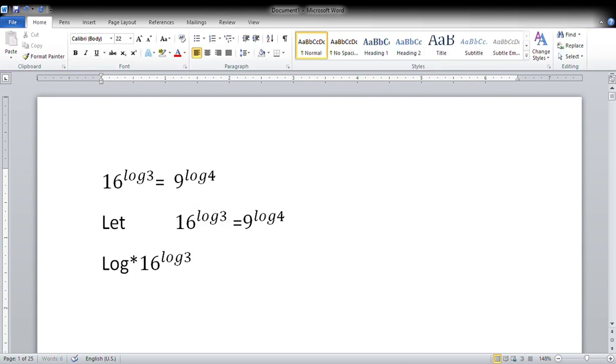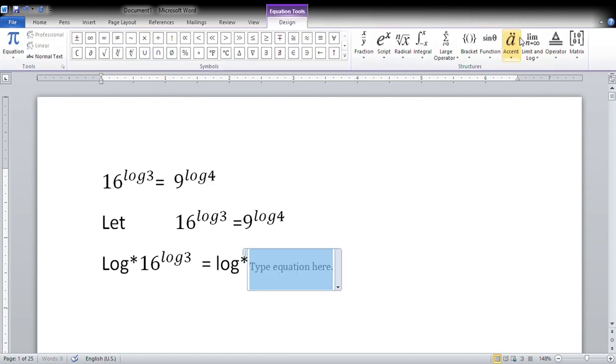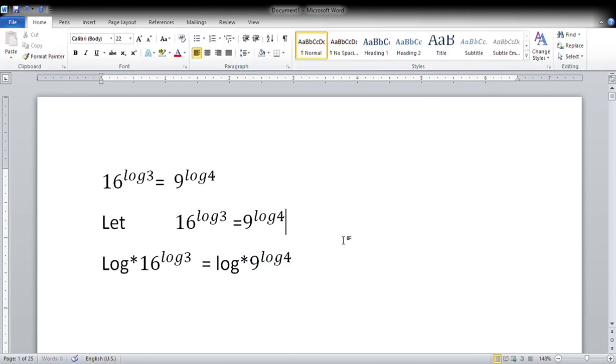And on the right hand side also we can take log of what we have there, 9 to the power log 4, right?